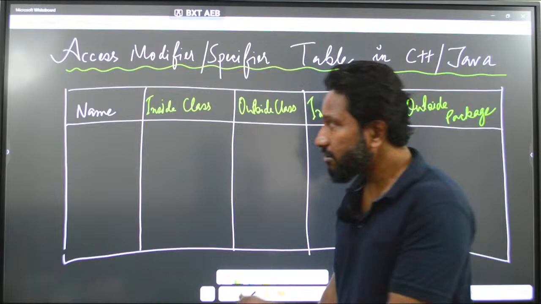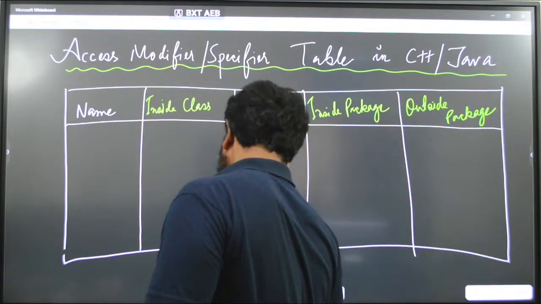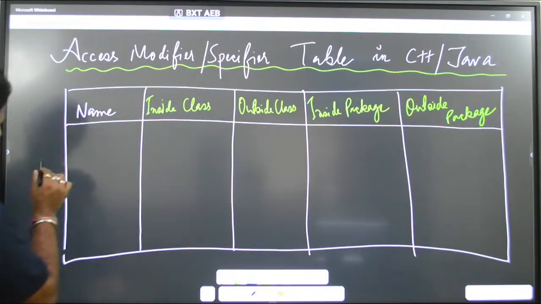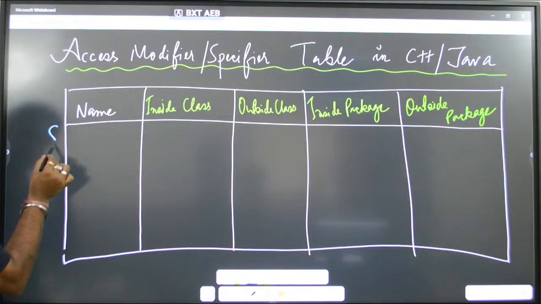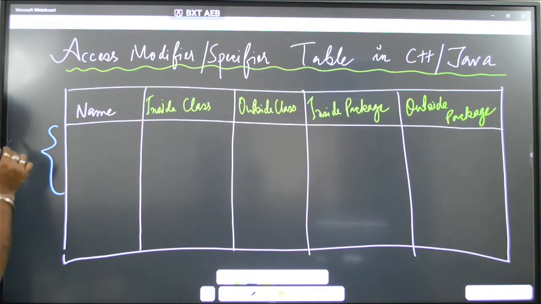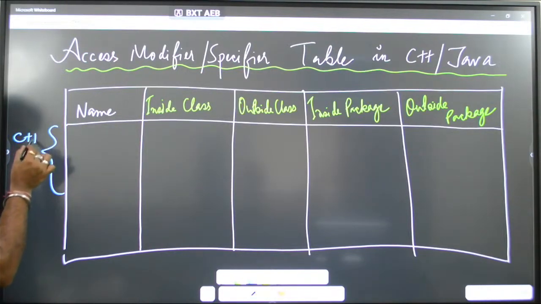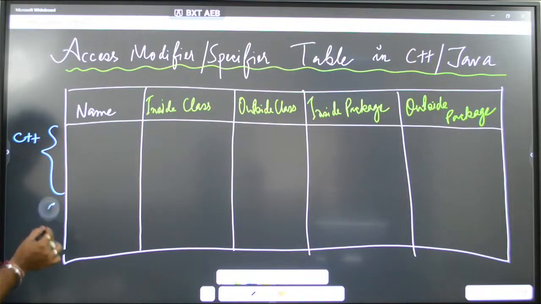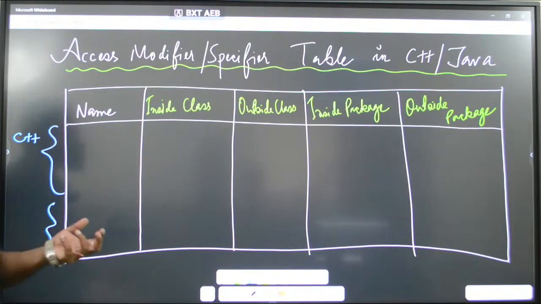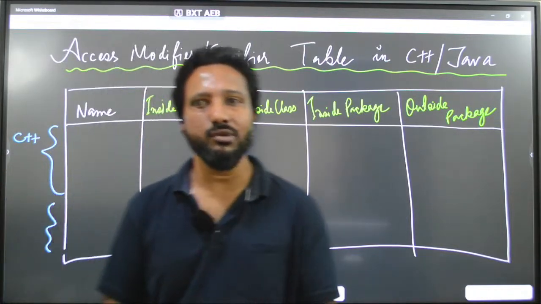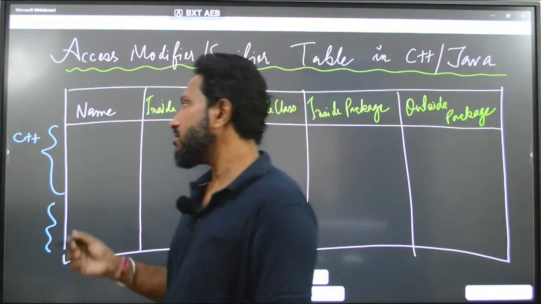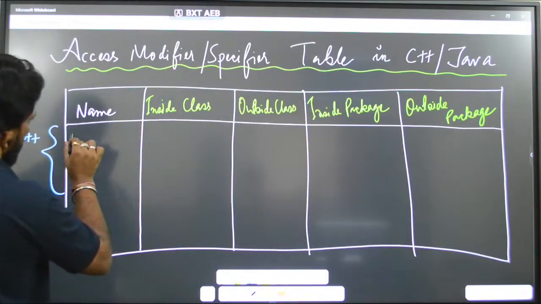So let's write down the names. In case of C++, we have only 3, and for Java we have one extra, which is not actually visible, but if you are actually inside a package, you should know this. So let me write down the names.